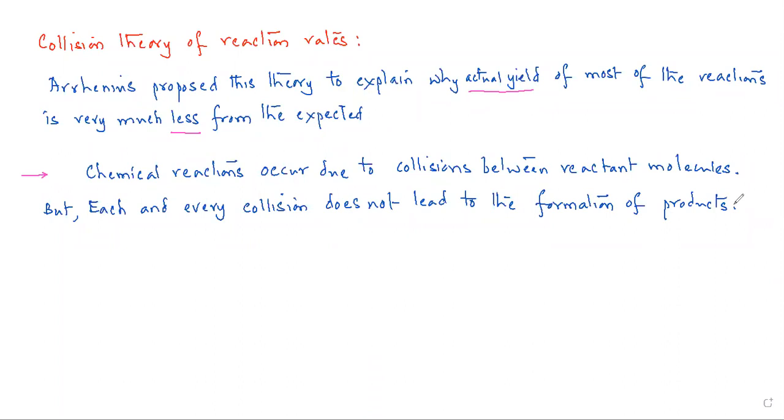What are the criteria which give us information pertaining to what all are the collisions that lead to the formation of products? Yes, of course, there are two things which determine whether a particular collision leads to the formation of products or not.